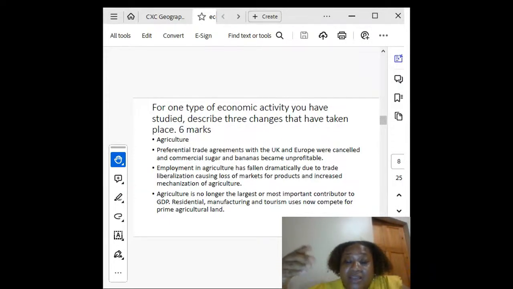So that mechanization also led to the closure of the industry, and of course downsizes in employment.